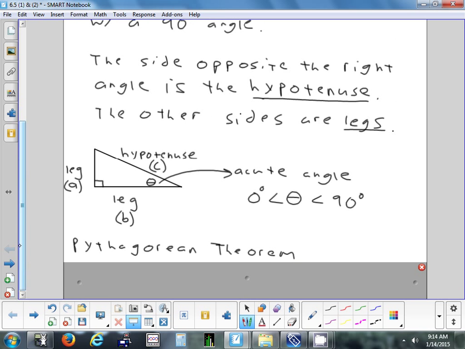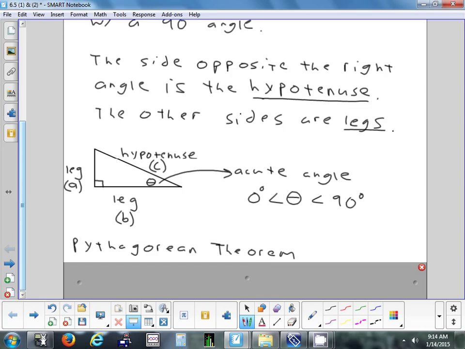And in a right triangle, this is a theorem that we can use, the Pythagorean theorem. What is the Pythagorean theorem? What does that say? A squared plus B squared equals C squared. Can you explain to me what that means?